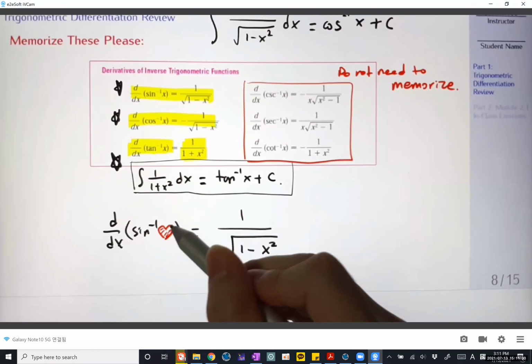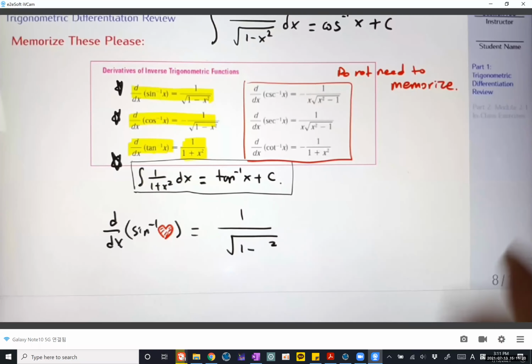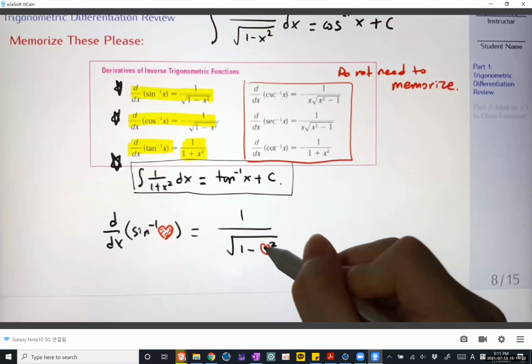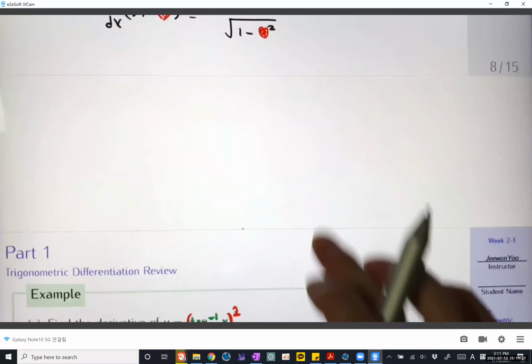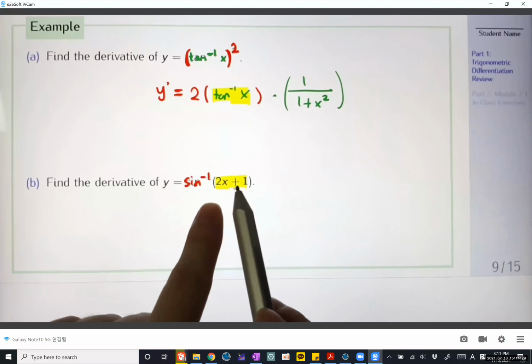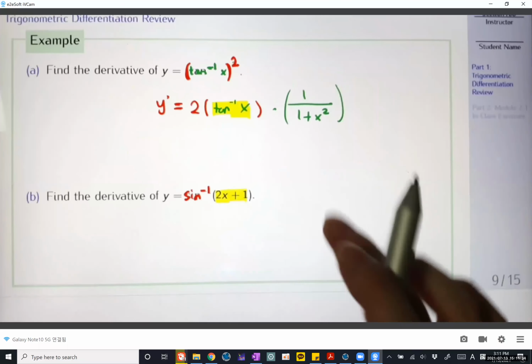Suppose you have sine inverse of love. What happens to the x underneath the fraction? Yes, change x to the heart as well. So here's my question. Suppose you treat the inside 2x plus 1 as the love or heart symbol, then it looks like what, everyone?